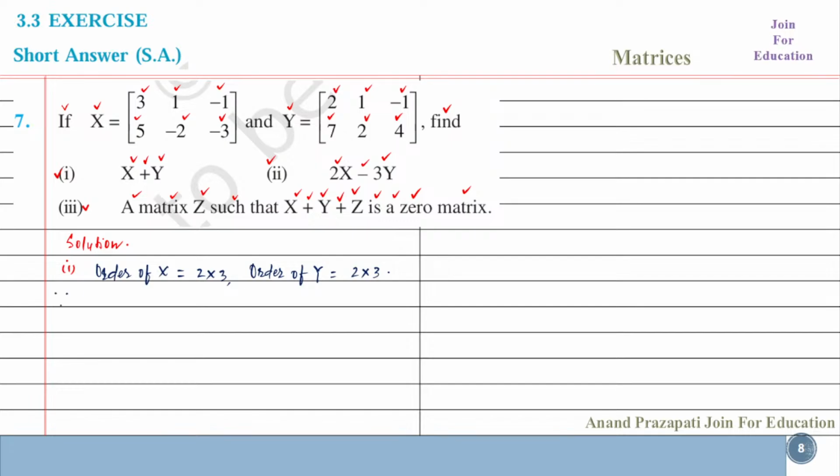Therefore, X plus Y is possible, and value of X plus Y will be, we add the corresponding elements: 3 plus 2 equal to 5, 1 plus 1 equal to 2, -1 plus -1 equal to -2, 5 plus 7 equal to 12, -2 plus 2 equal to 0, -3 plus 4 equal to 1.